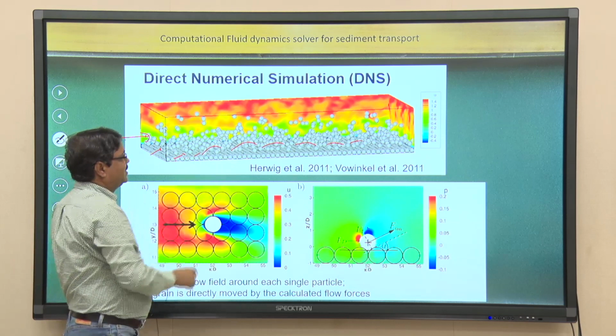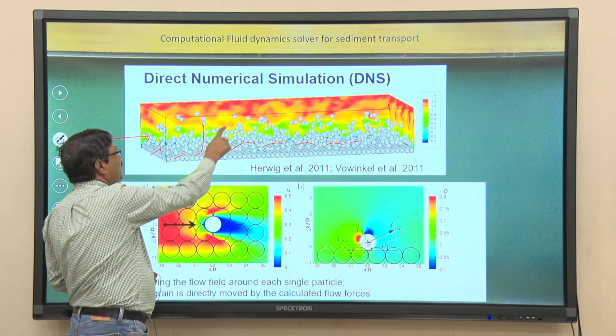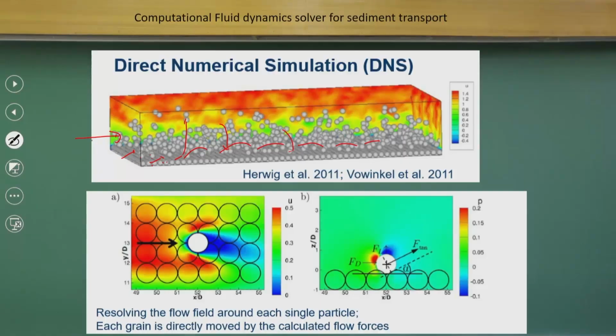So, you can see how the particles are moving and also falling down. Nowadays direct numerical simulations are available at the particle level with the fluid interactions, and in more detail at the particle level you can see how things are happening in terms of the contours and in terms of the force components that are occurring.